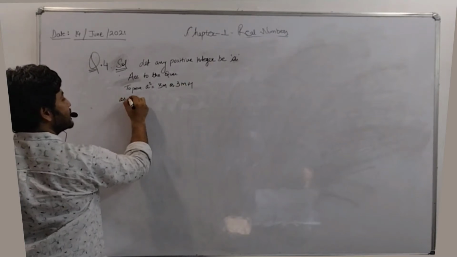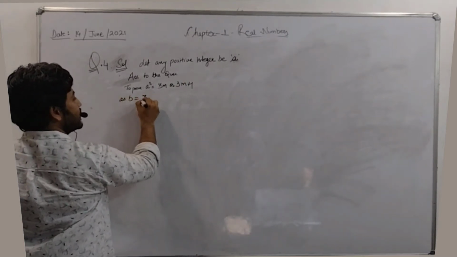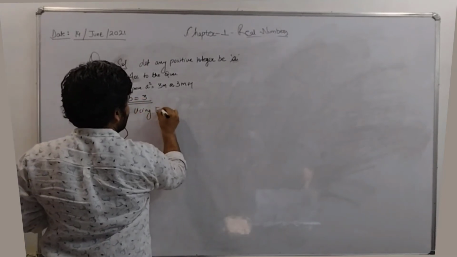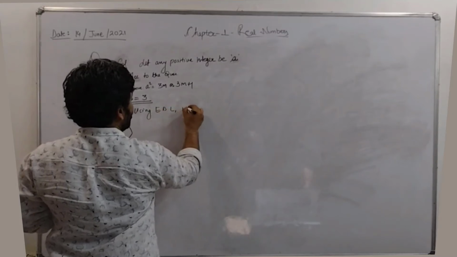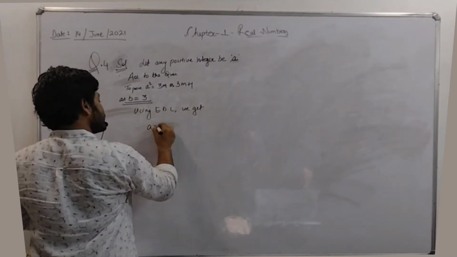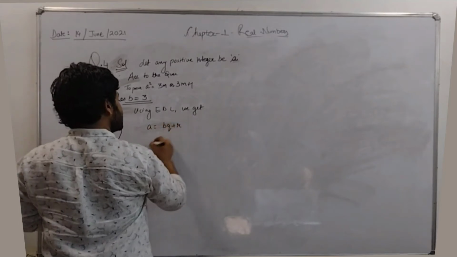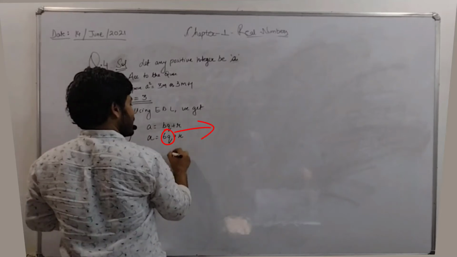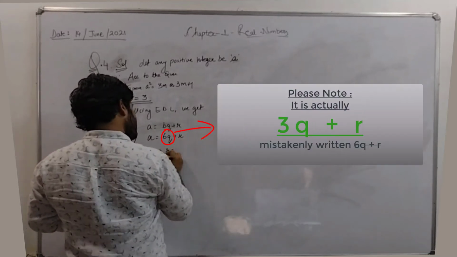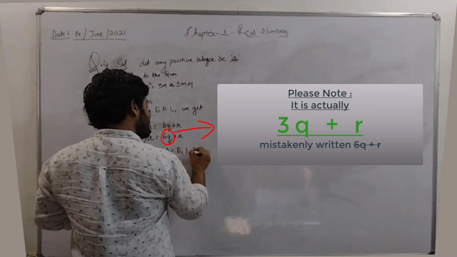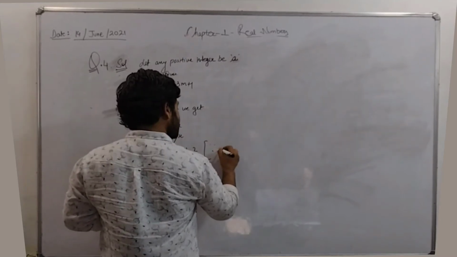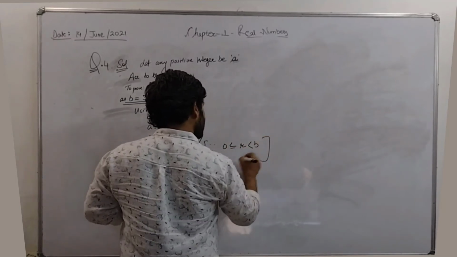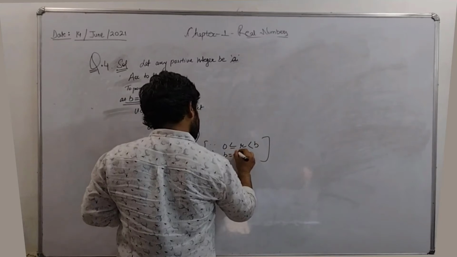As b is equal to 3, using Euclid's division lemma, we get a is equal to bq plus r, or a is equal to 3q plus r, and r is equal to 0, 1, 2, because the value of r lies between 0 and b, where b here is 3.